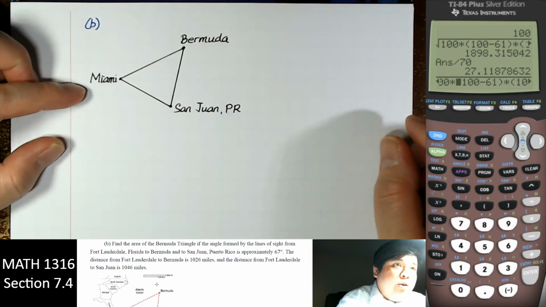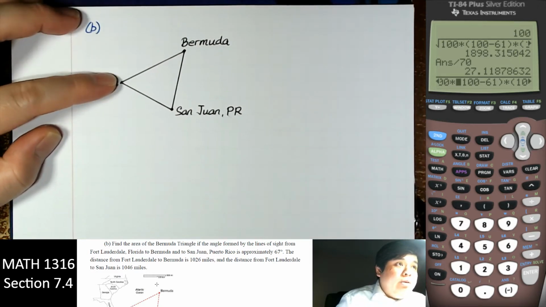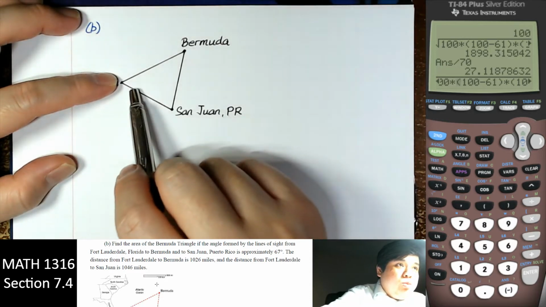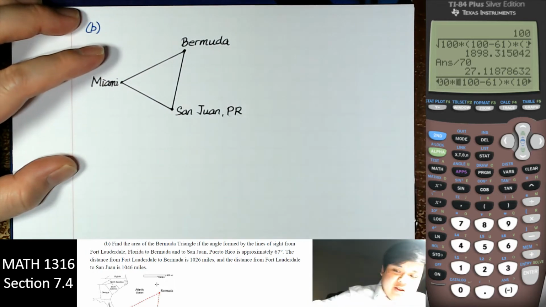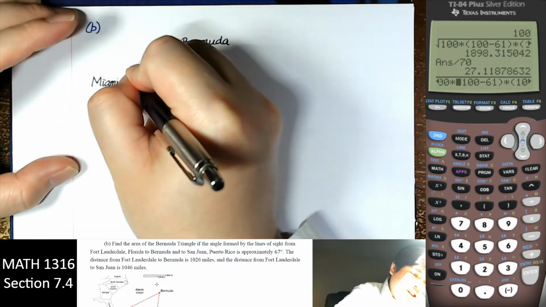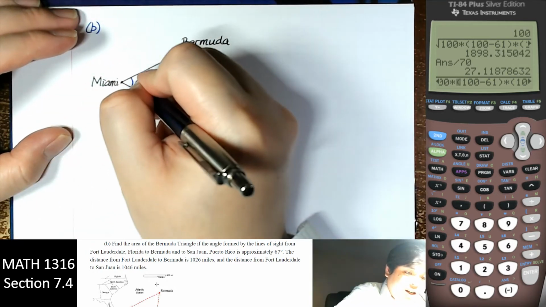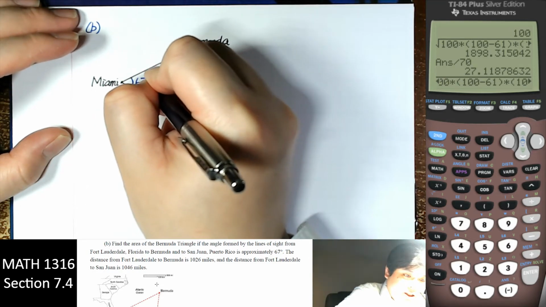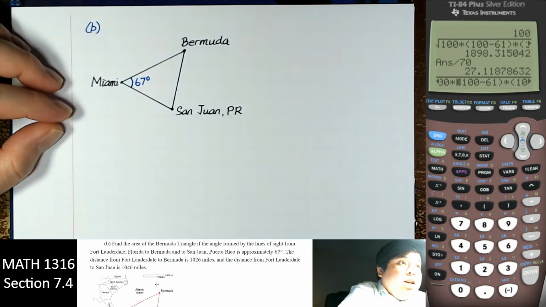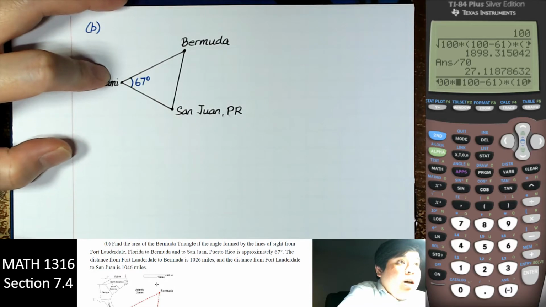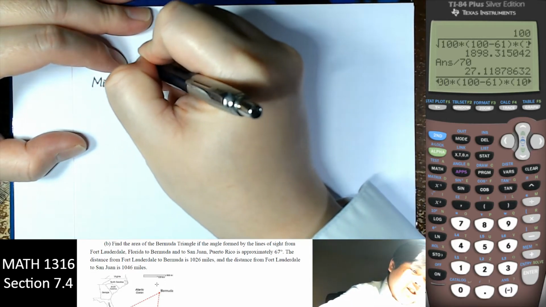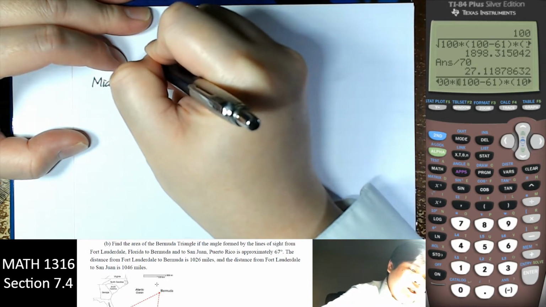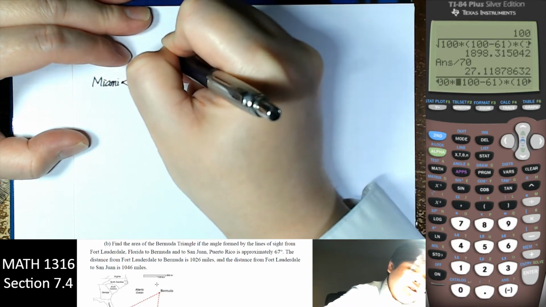And if the angle formed by the line of sight from Fort Lauderdale to Bermuda and to San Juan, so this angle, is 67 degrees. And the distance from Fort Lauderdale to Bermuda is 1026 miles.